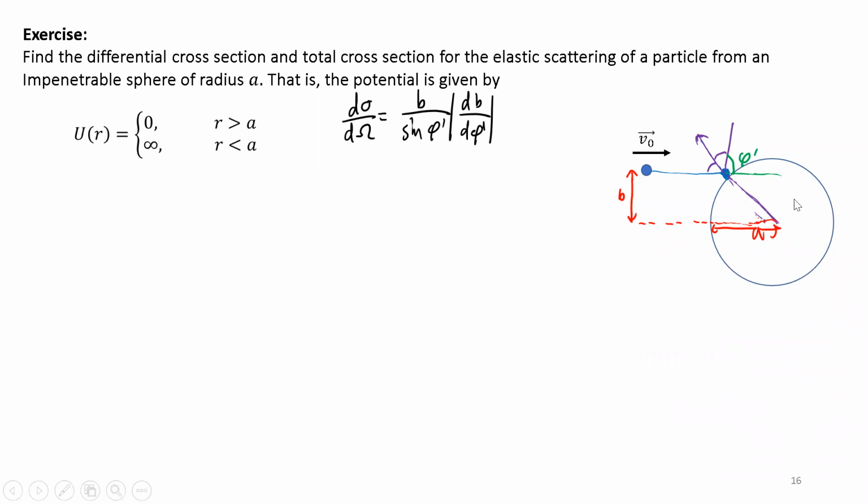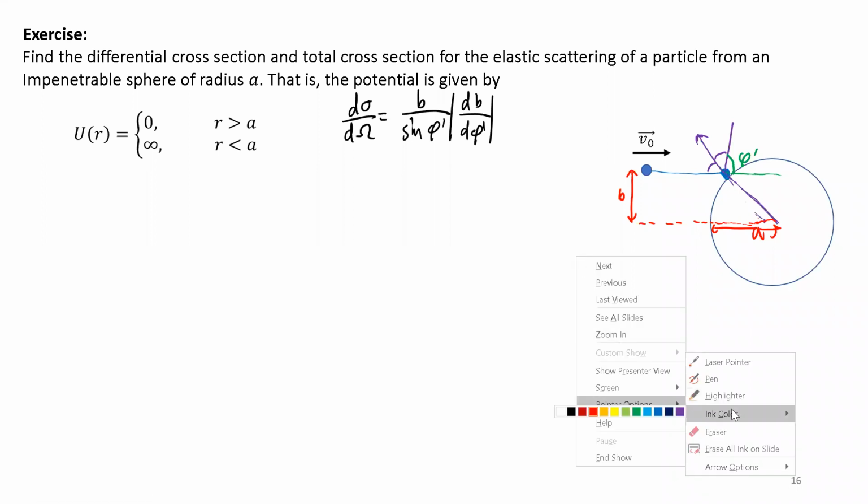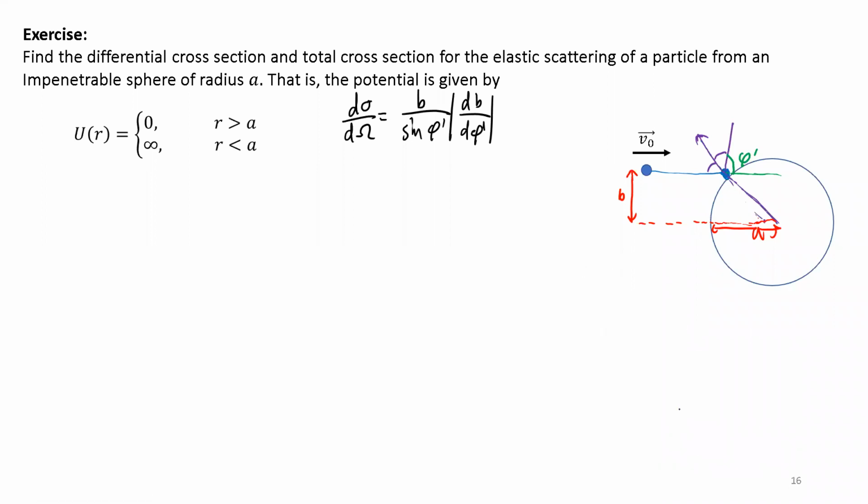Okay, so now it is an elastic collision problem with a hard sphere. So as I told you already, angle of incidence equals angle of reflection. So then I have this to be alpha. This is also alpha.